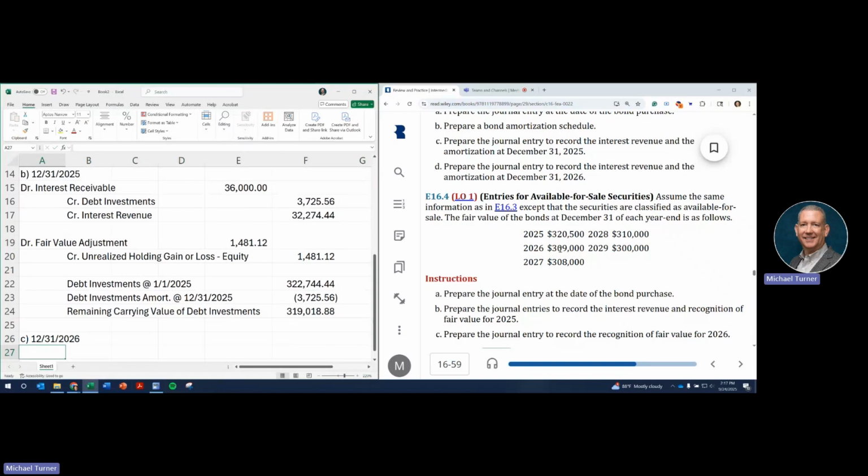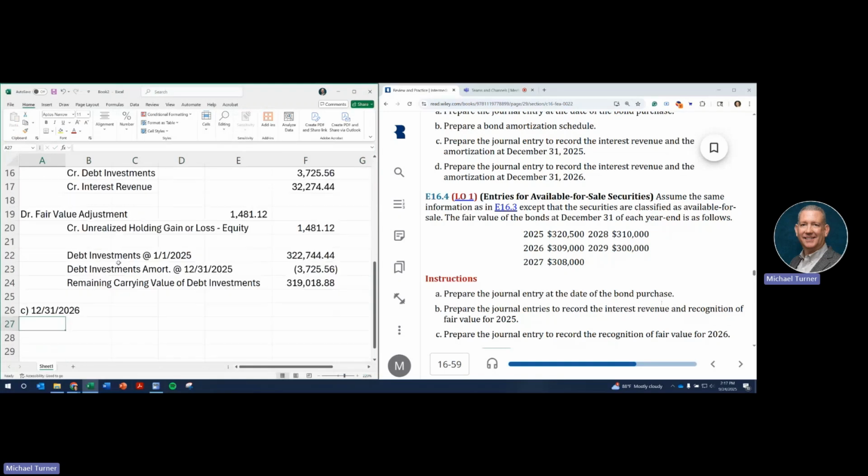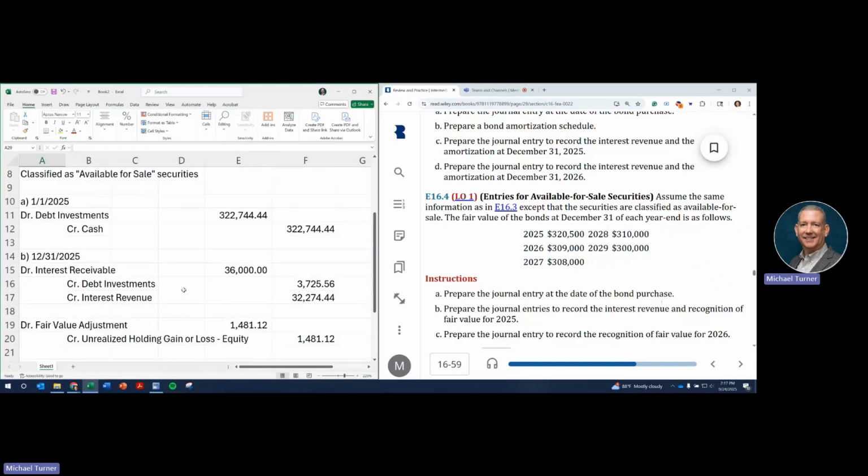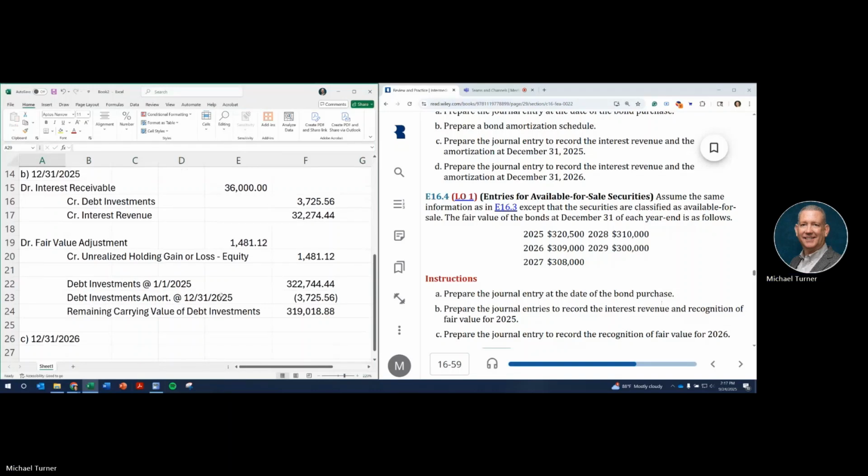So after our adjustment, we're going to record the difference of that to any unrealized holding gain or loss, but we need to determine what that amount is. So we're going to need to figure out what the carrying value is. Let's add some rows in right here. Okay, so we left off with the carrying value of the bonds were $319,000.